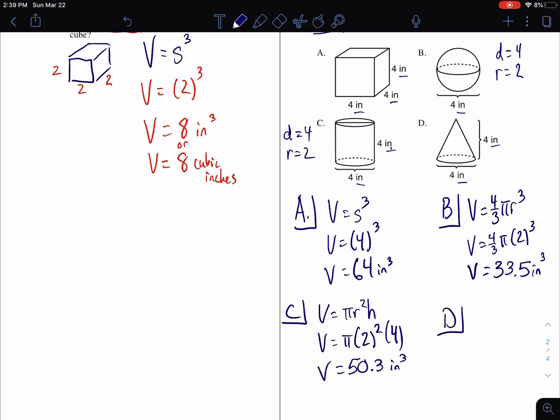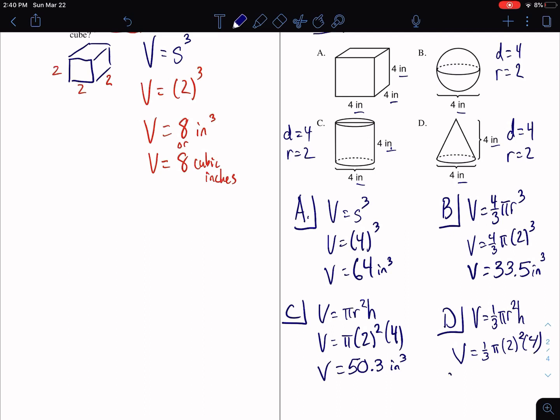Okay, for question D, we've got the volume of a cone. The volume formula for a cone is 1/3 pi r squared h. Again, very similar to a cylinder, but we have that 1/3 out in front. They gave us the diameter of 4, but we want that radius of 2. So volume is 1/3 pi, we're going to have 2 squared, and our height is still 4.